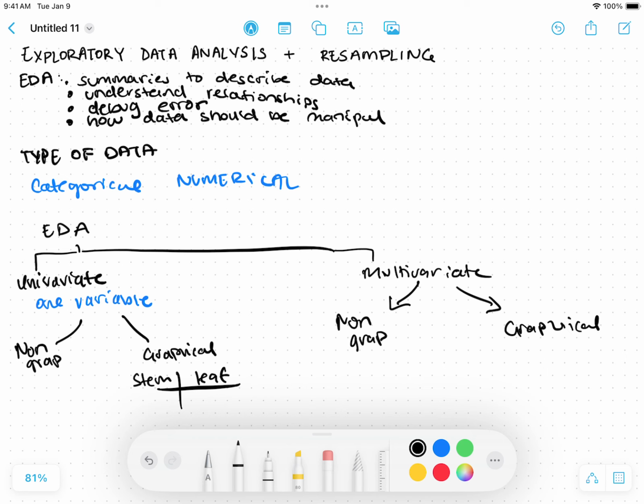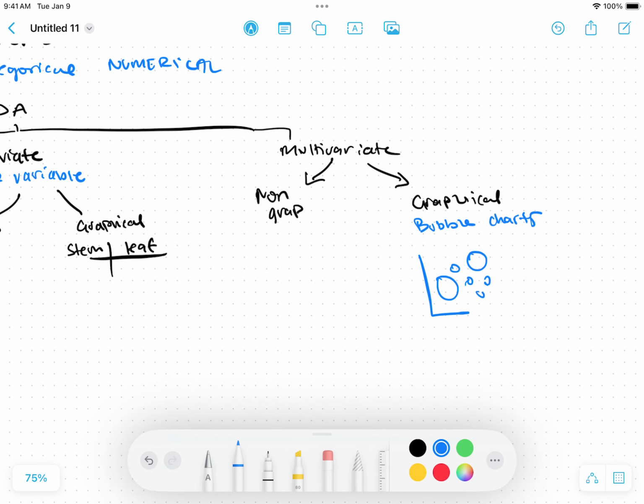Okay, so examples of graphical methods are, for example, bubble charts, right? What do bubble charts look like? They're just like bubbles and they represent different groups. Or we can have grouped bar charts, like where we have multiple groups.